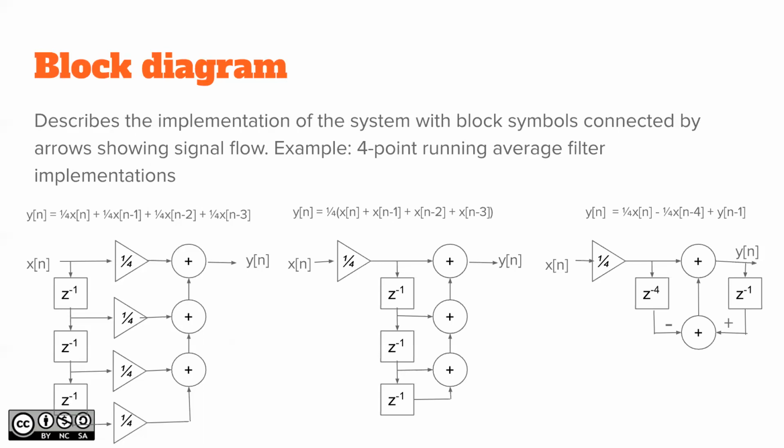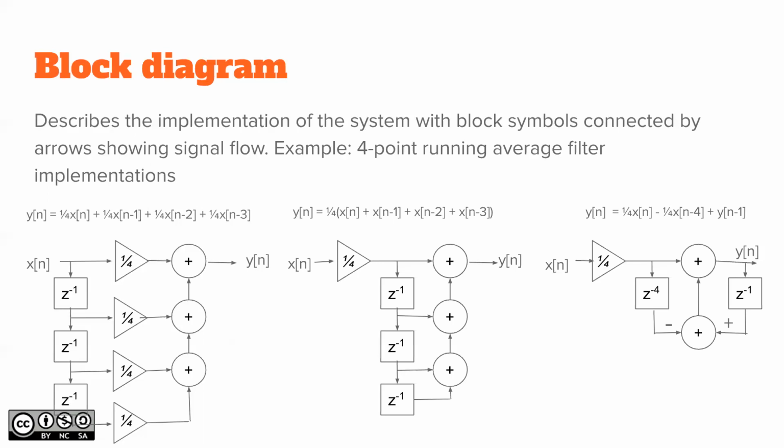So all the additions and this multiplication, that's 4 operations. On the left hand side we have 7 arithmetic operations. On the right hand side we have 2 arithmetic operations, or actually 3. 1, 2, 3, yes, 3 arithmetic operations. It's all about the number of arithmetic operations.